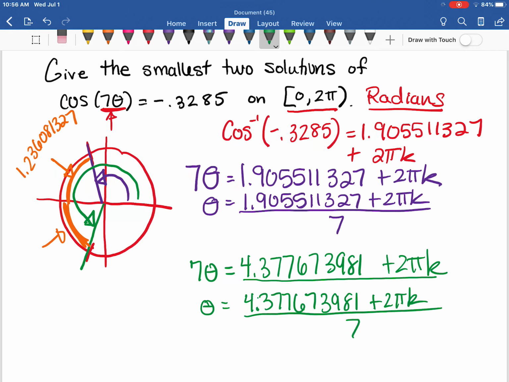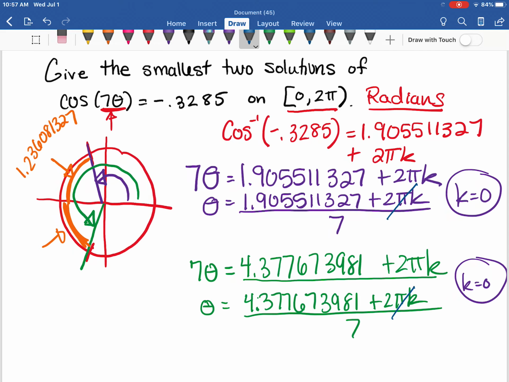And because the question is asking for the smallest two solutions, we are going to let, for both of these, k be equal to 0. We don't want any multiples. We want it on the first rotation. So if I let k be 0, then I don't have to consider this term here. I'm just going to cross it off.